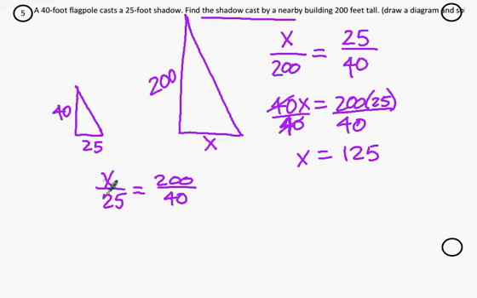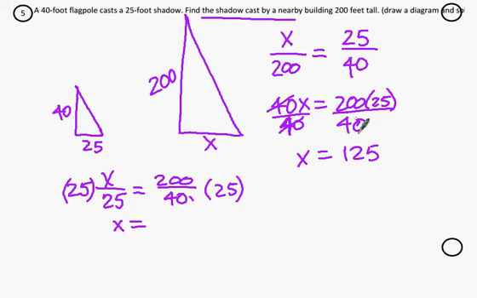And this proportion, set up an entirely different way, I'm going to just multiply by 25. I could cross multiply, but I like to show you both ways to do it. And once again, you see I have 200 times 25, 200 times 25, and I divide by 40.